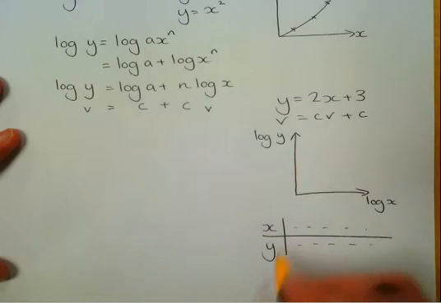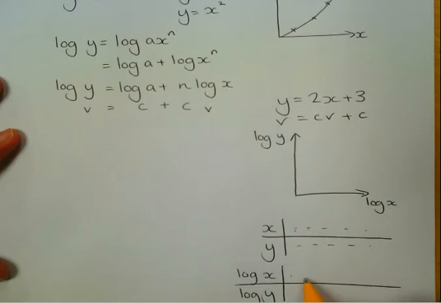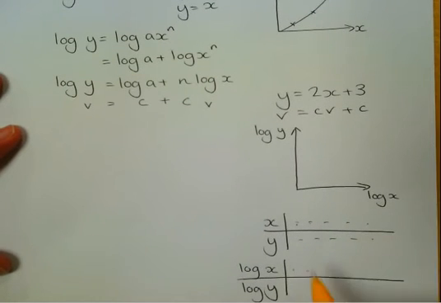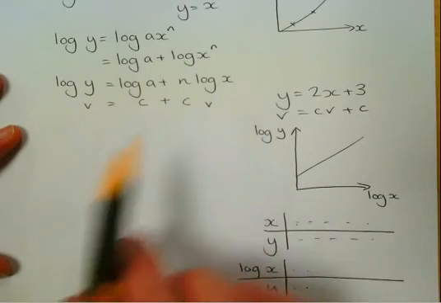To get these, all you've got to do is just draw another table underneath, but call it log x and log y. So you just put log and then that value, and you'll get a new value. Log of that one, and you'll get a new one. Again with the y's, and you would plot those. And what you'll find is it will always be a straight line, because it is a straight line linear model.